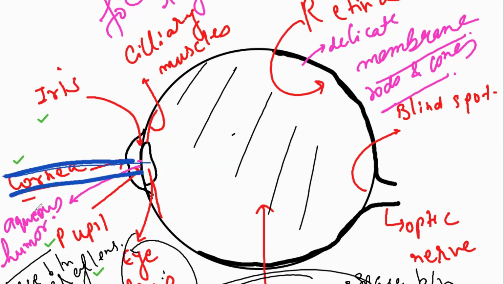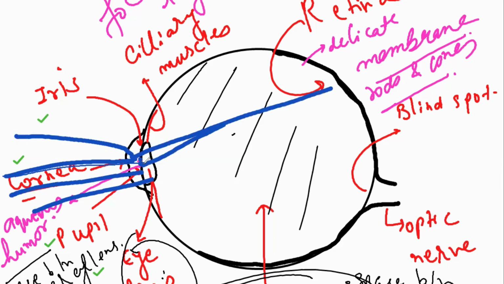These are all light rays. Now they enter into the lens. The lens will make all the rays converge at a small spot. Converge means what? Joining all the rays. Right, Alvida?